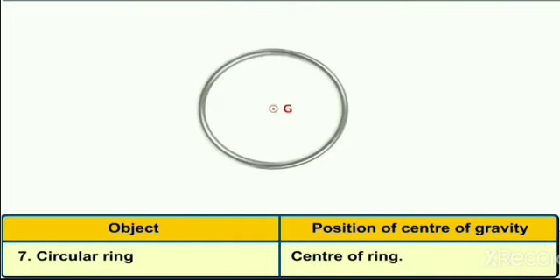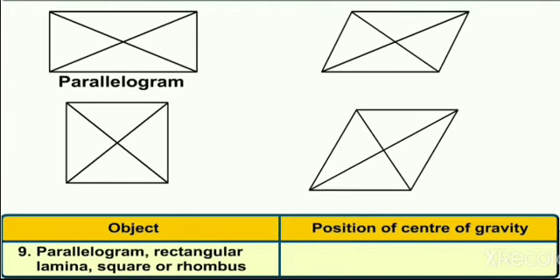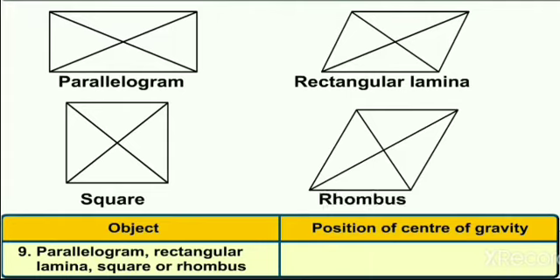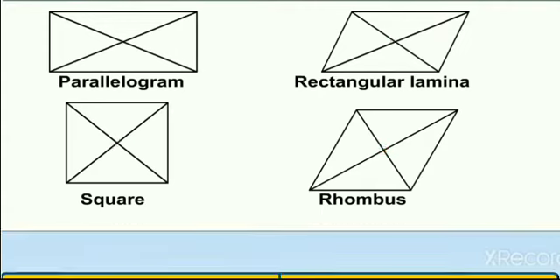Center of ring. 8. Triangular lamina or scalene triangle. The point of intersection of medians. 9. Parallelogram. Rectangular lamina. Square or rhombus. The position of center of gravity is the point of intersection of the diagonals.